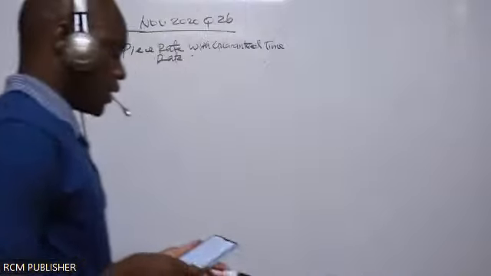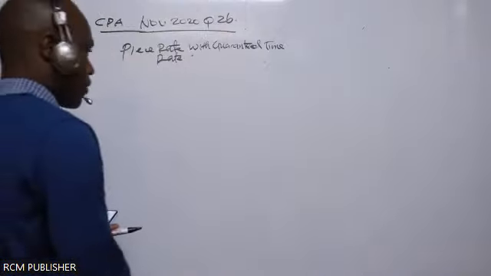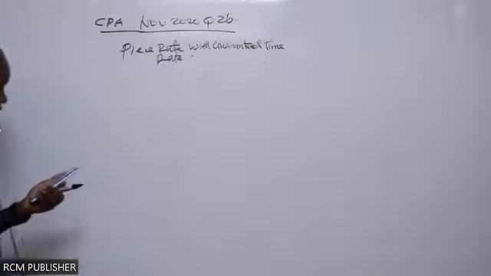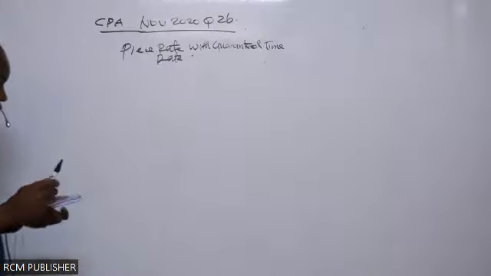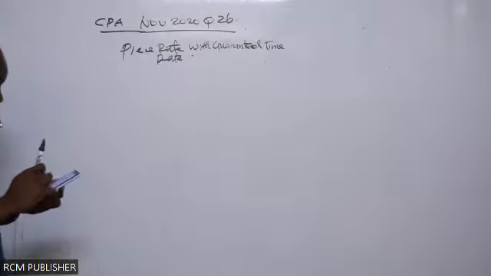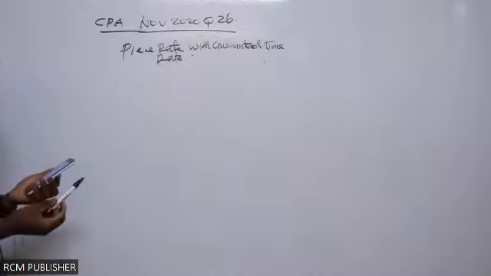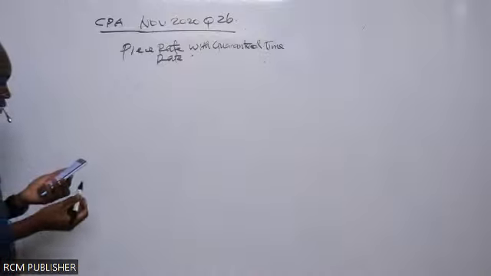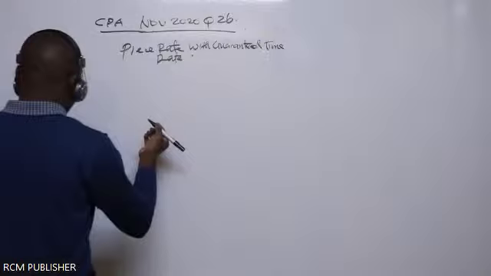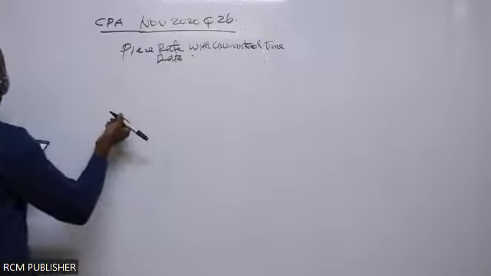So if you look at what is given there, under the piece rate, we have 3 employees. We have Ambogo, we have Banyala and Charlie.